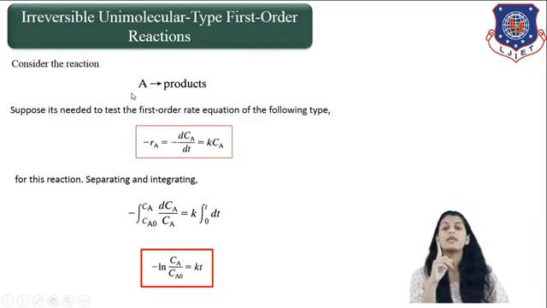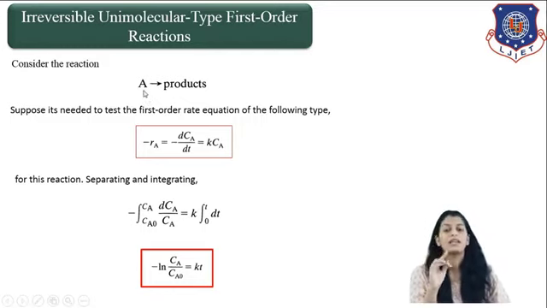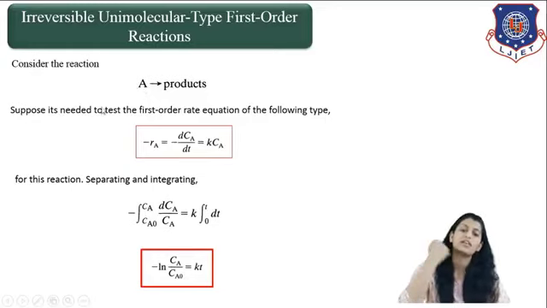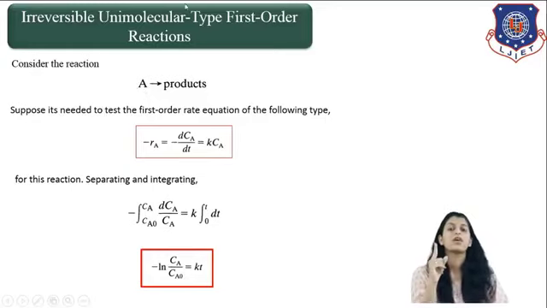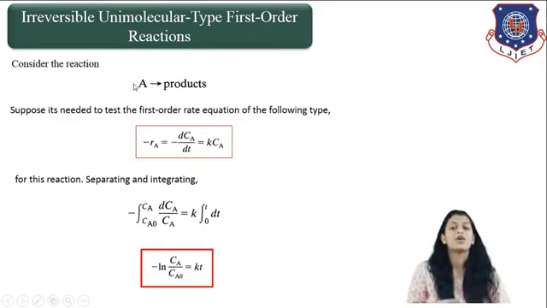Unimolecular because only one reactant or component is involved in the reaction. One mole is getting converted into one mole of product, so it is termed a first order system, right? So, let us see what the irreversible unimolecular type first order reaction is.